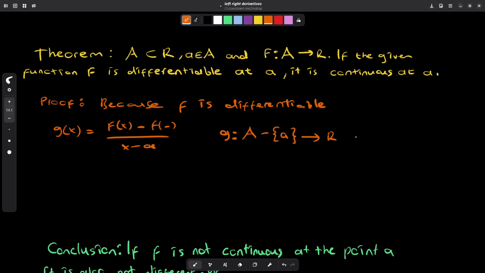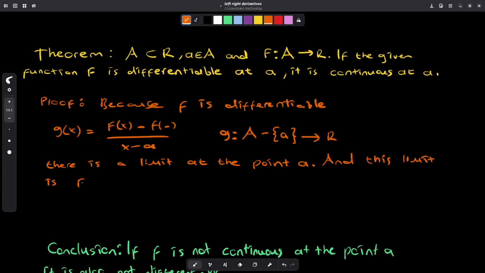Because f is differentiable, there is a limit at the point a, even though it's not in the domain, because it makes the denominator 0. And this limit is the derivative f'(a), right?